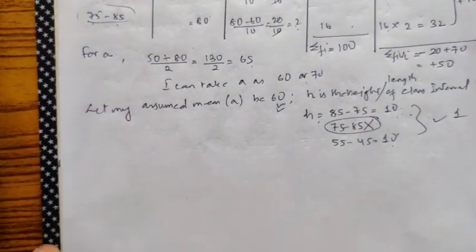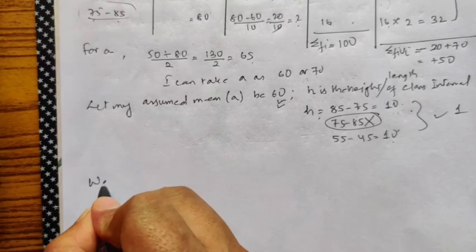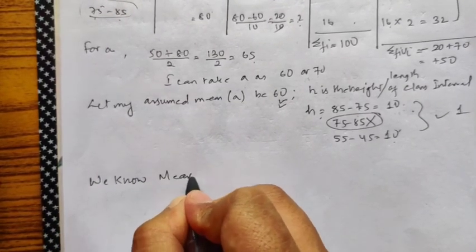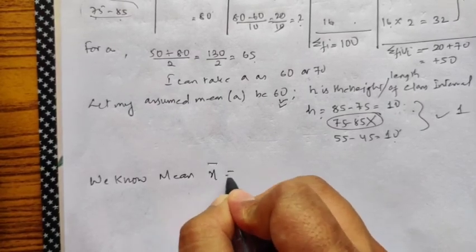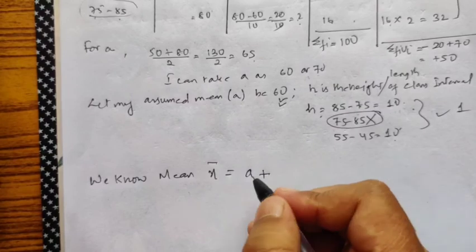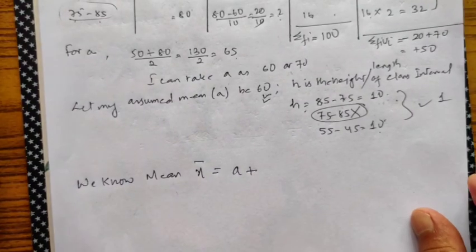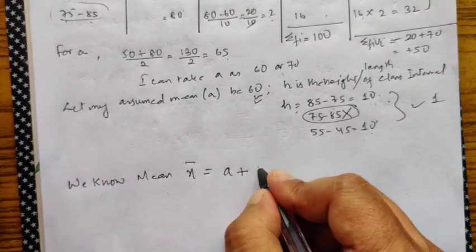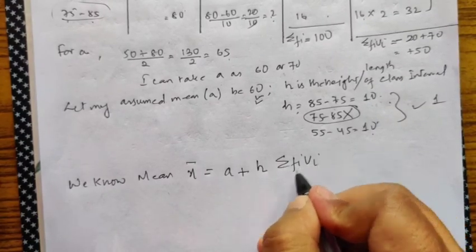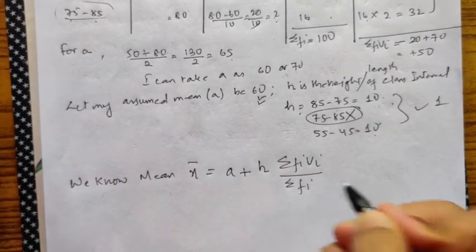Now let's go to the formula. Using the third method, we know mean x bar equals to, what's the formula for the step deviation method? Don't say third method, step deviation method. a plus h summation fi ui by summation fi.